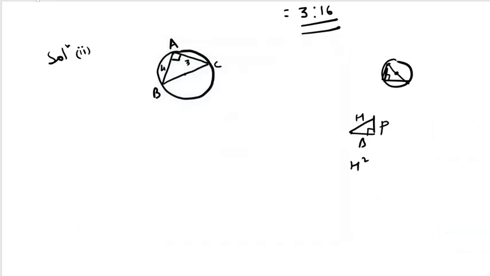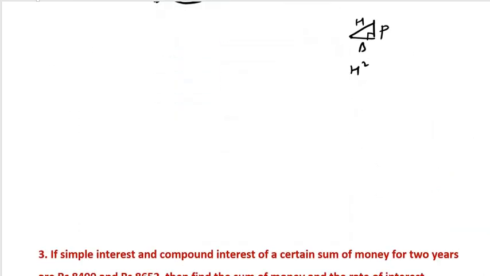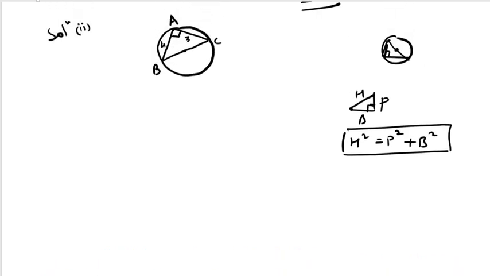Okay, so if we have a right angle triangle, the opposite of 90 degree is the hypotenuse, one is perpendicular and one is base. By Pythagoras theorem, hypotenuse square is equal to p square plus b square. This we know. We have done a problem on this last time. Okay, the same thing will be here. The opposite of 90 is this hypotenuse.